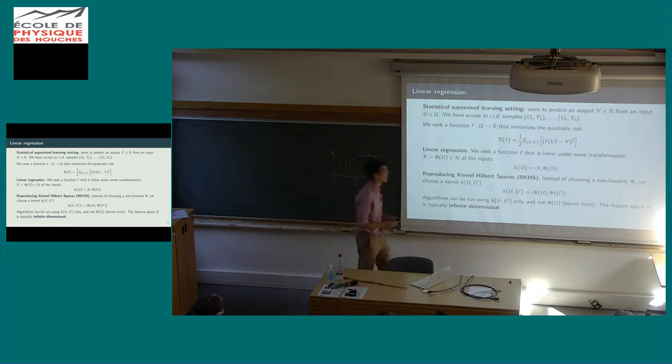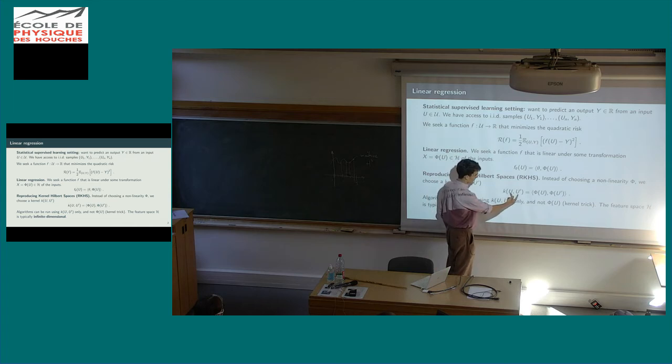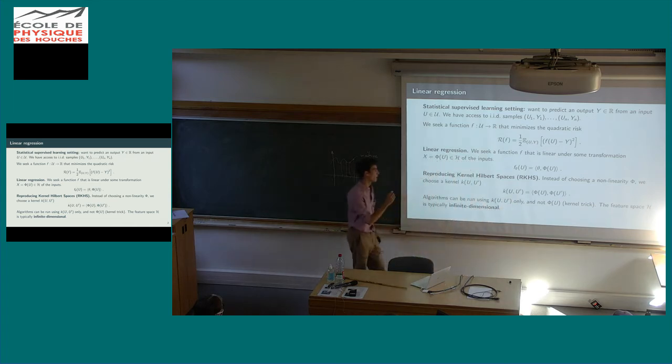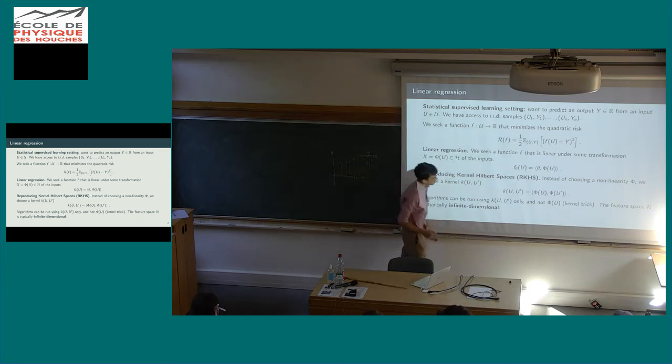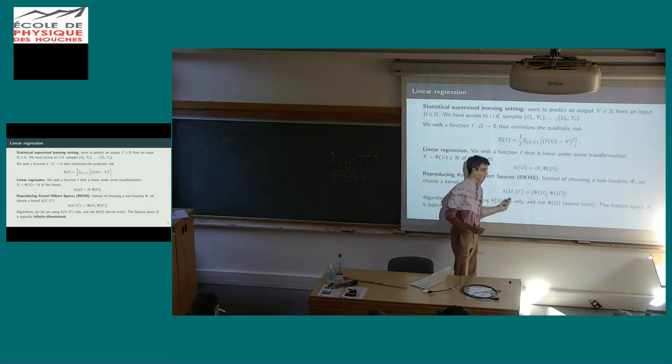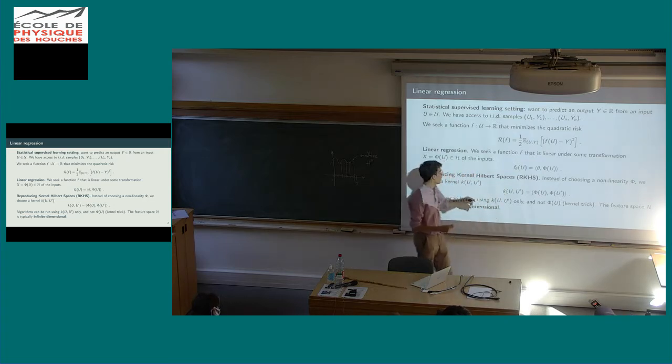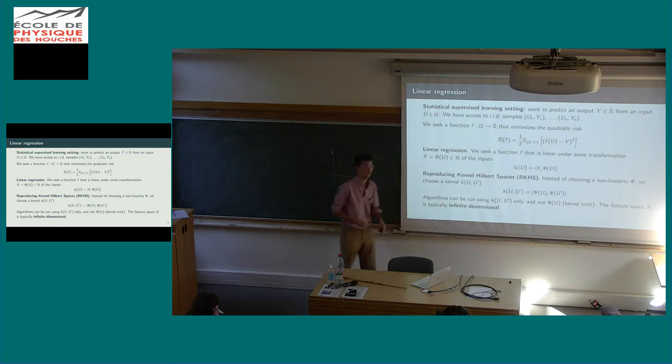So you take functions of two entries, and there are assumptions that guarantee that there exists a lifted space, a feature space, and a feature map, so that this function is in fact a dot product after the transformation. Okay? And now, to run your algorithms, you only use this function.